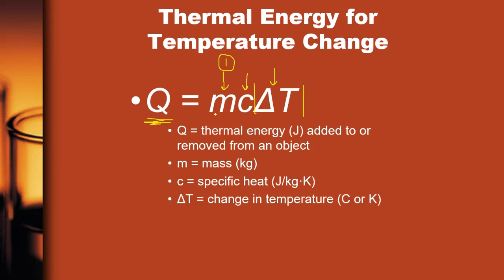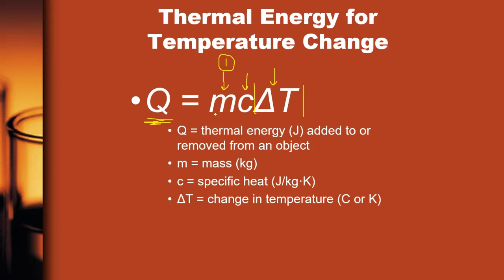The greater the mass of the substance you're trying to change the temperature of, the greater the heat that takes. If you have 10 kilograms of water and 1 kilogram of water, it's going to take more Q, more heat energy, to raise the temperature of the 10 kilograms. If you heat up a mug of water in the microwave versus an entire bowl of water, the mug is going to happen faster because it's smaller mass.